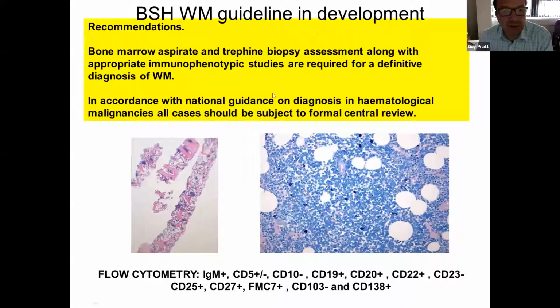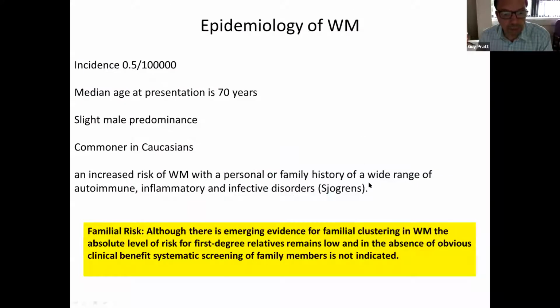So this is the kind of recommendations that you get. Some of them are a bit dull, sorry to use that word, but you know, they're obvious. So obviously you need to do a bone marrow to diagnose WM, for example, and how the diagnosis should be made, etc. And then there's recommendations around whether we should do family screening, for example, which we don't recommend.